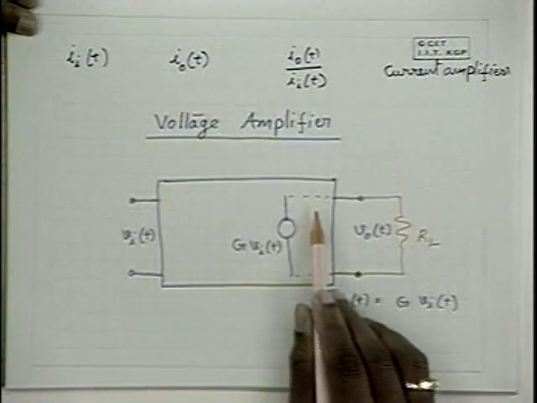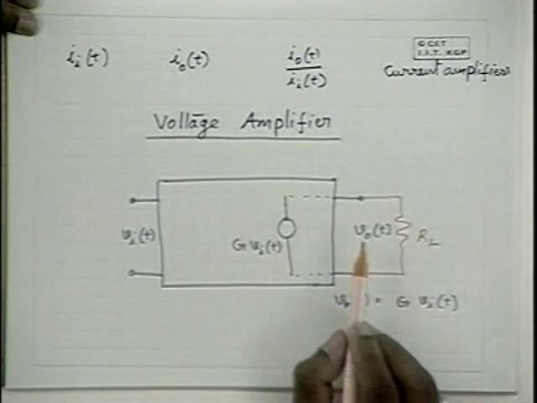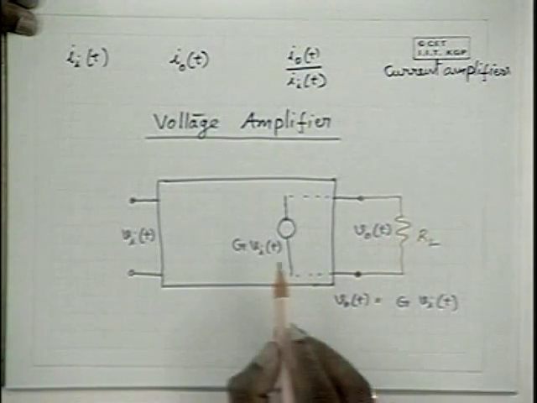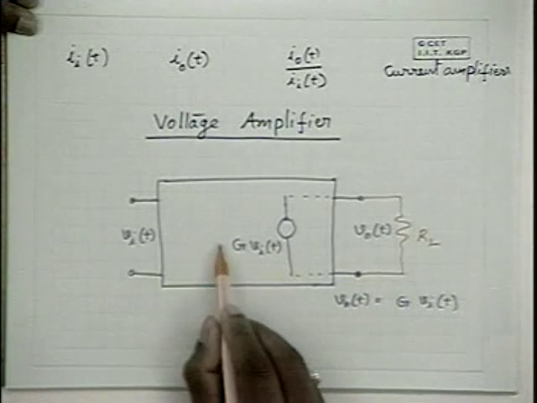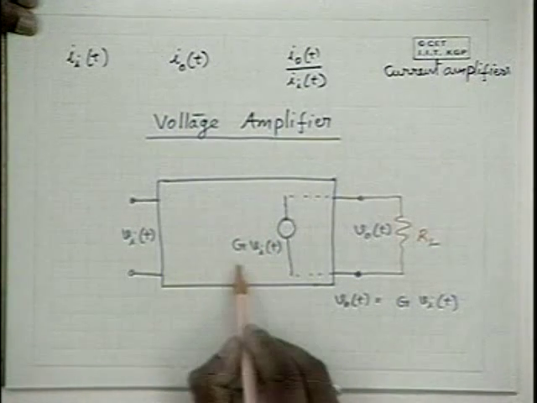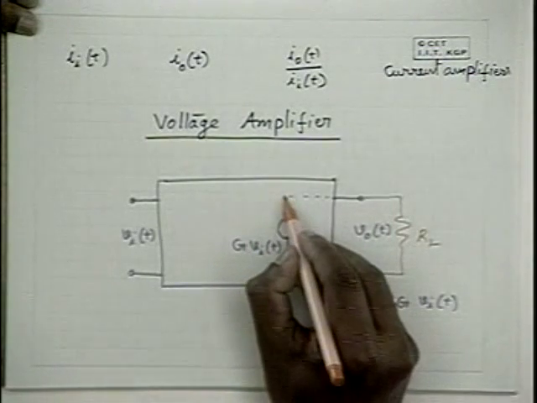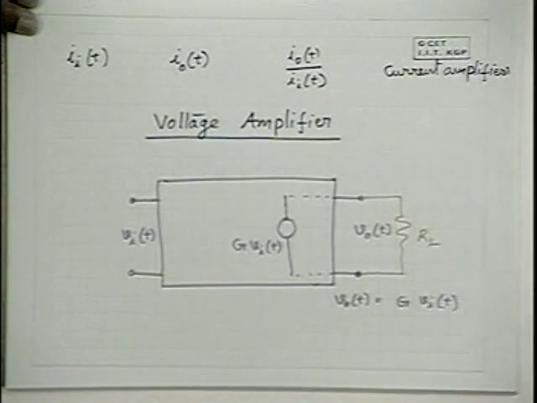It's not an ideal amplifier. So you will find that the terminal voltage VOT drops from GVIT.